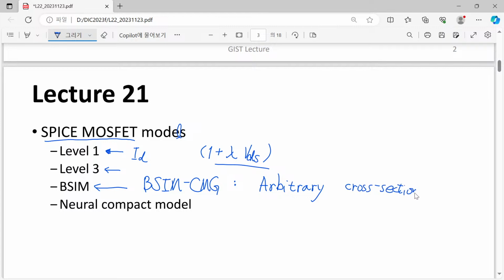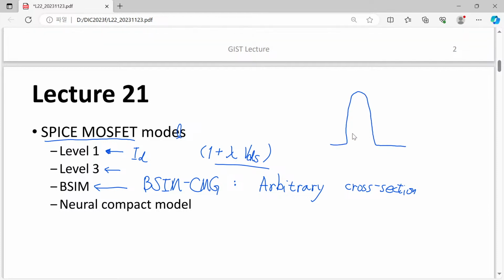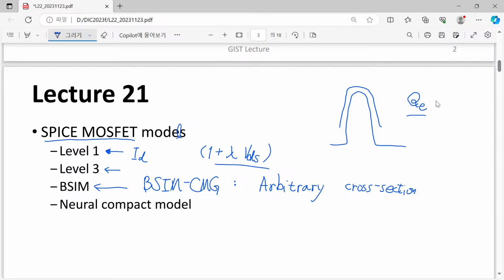So simply means that if we have a certain FinFET like this and covered by the gate in this way, then how can we consider the IV characteristics of this FinFET, or in that sense, how can we calculate the electron charge density as a function of gate voltage?